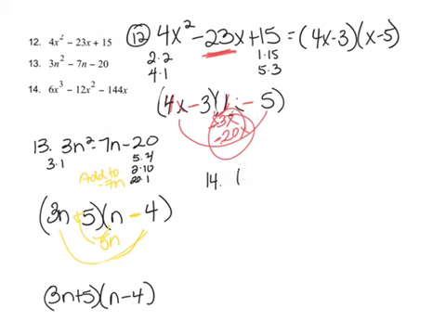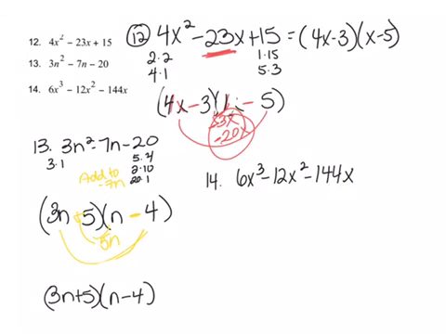And then number 14, 6x cubed minus 12x squared minus 144x. So I'm looking for common factors. I notice 6, 12, and 144.